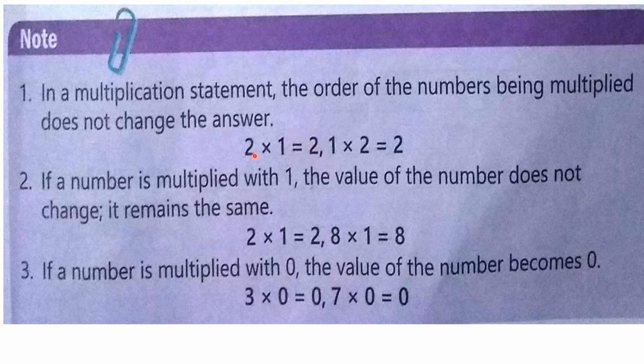See here, 2 multiplied by 1 is equal to 2, or 1 multiplied by 2 is equal to 2. So you keep it in mind. The order of numbers being multiplied does not change the answer. Means we can write in any order, but the answer will remain the same. The answer will never change.